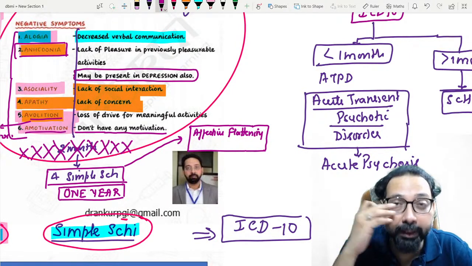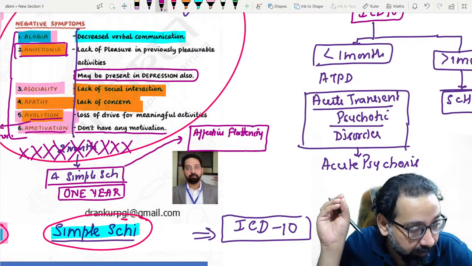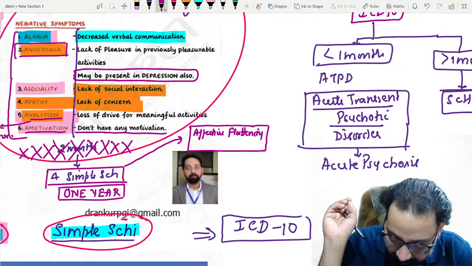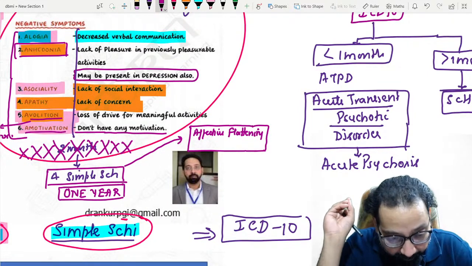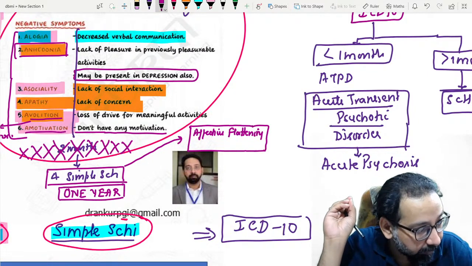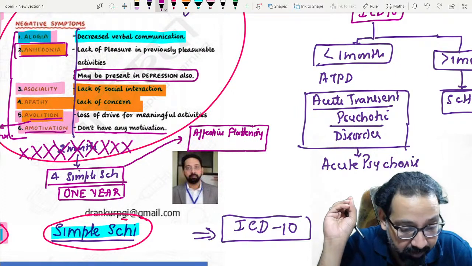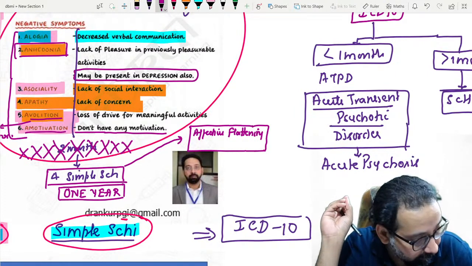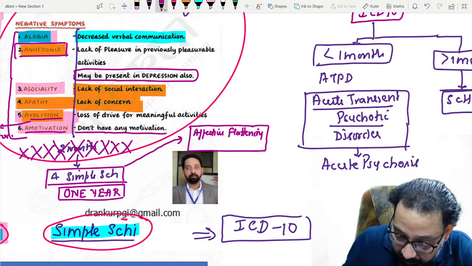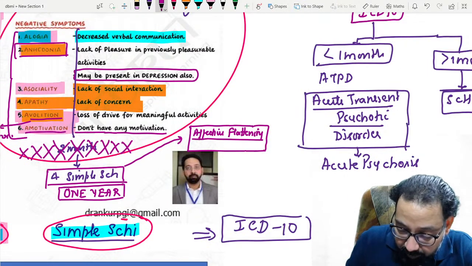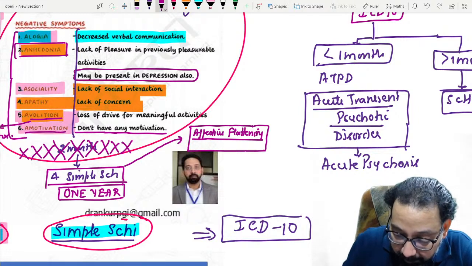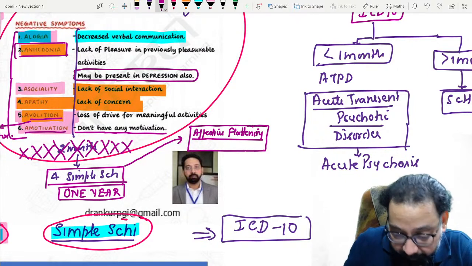So many times when they give a clinical question on negative symptoms, they will give one or more points which will help you differentiate depression from simple schizophrenia. So simple schizophrenia may be differentiated from depression by affective flattening.